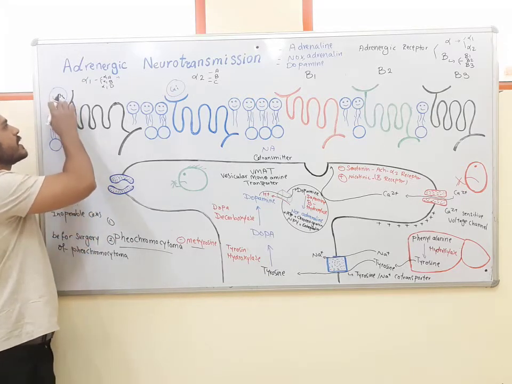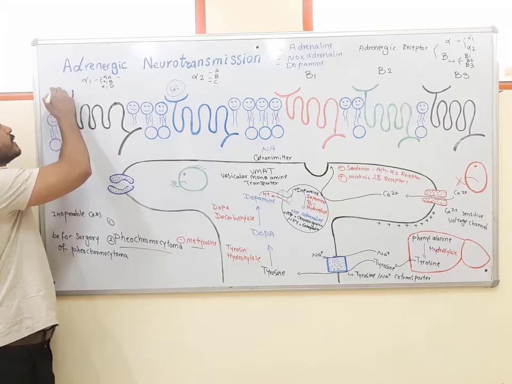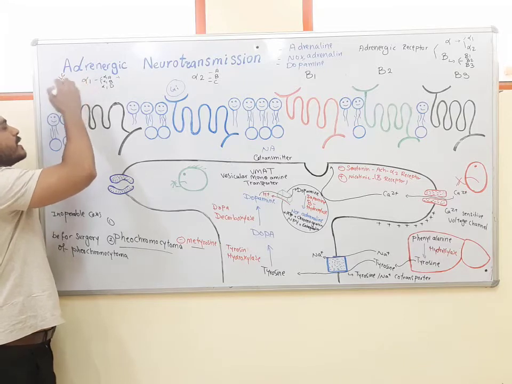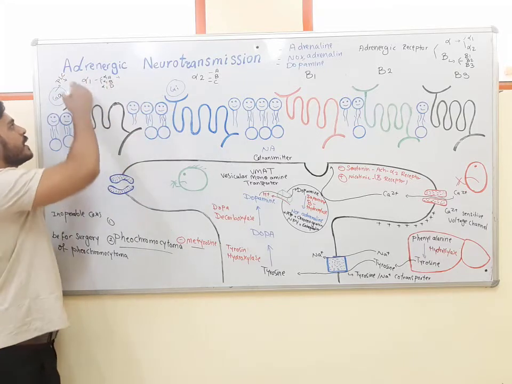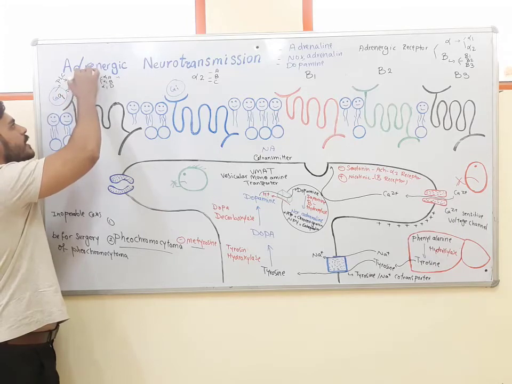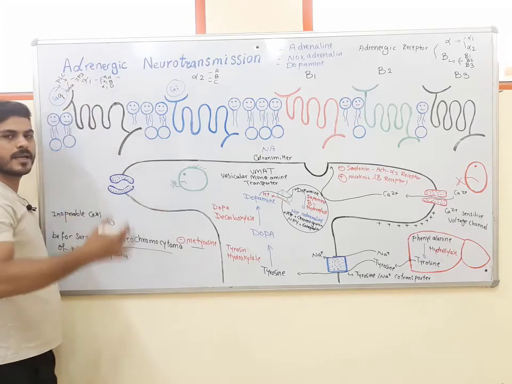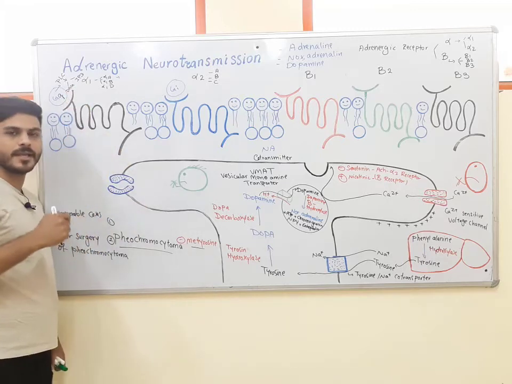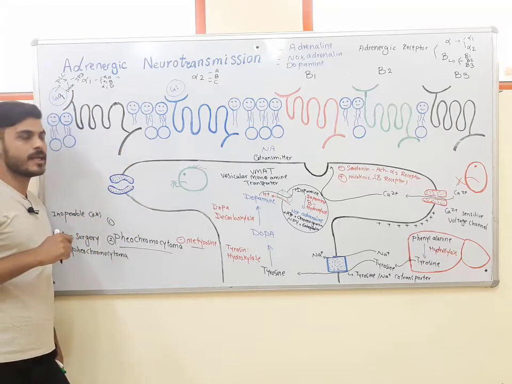So this Gq will activate the phospholipase C enzyme. Phospholipase C converts phospholipid into DAG and IP3. IP3 increases releasing of calcium from sarcoplasmic reticulum, and DAG activates protein kinase A.